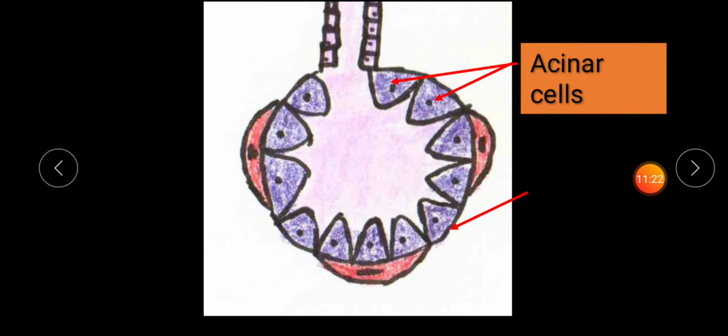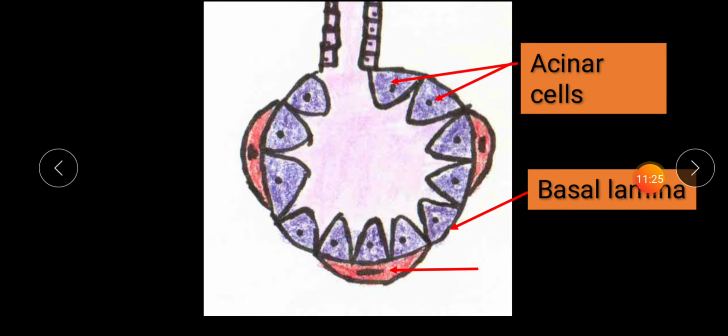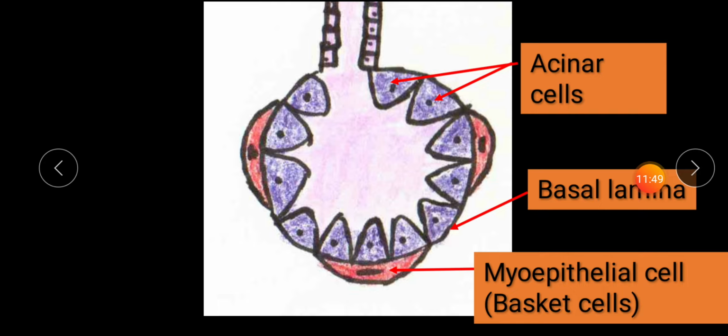Next, on the outer aspect of these acinar cells, there is a continuous lamina on which the acinar cells rest. That lamina is termed the basal lamina. Still outer to this basal lamina, you have some cells.